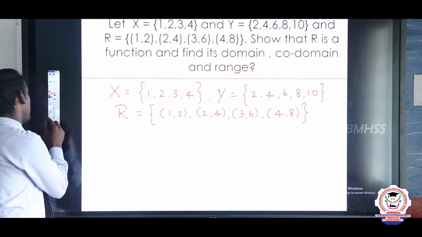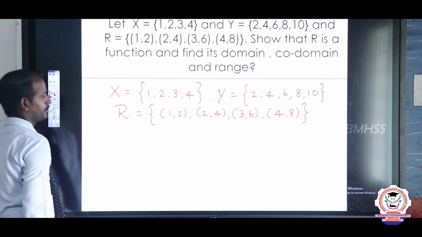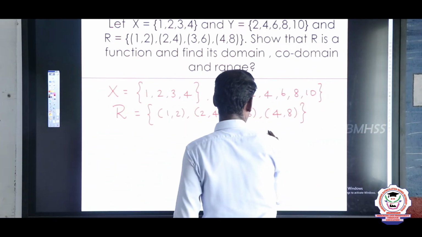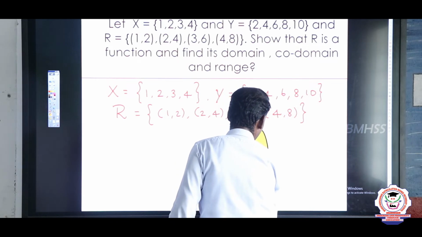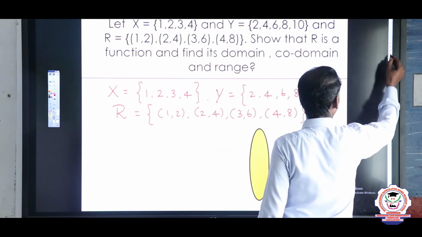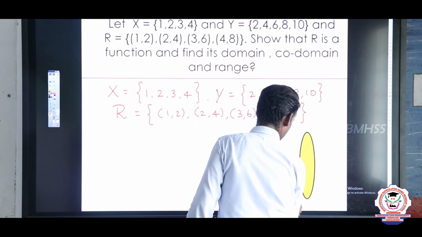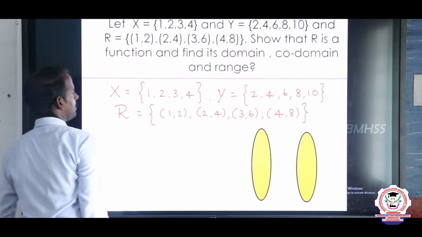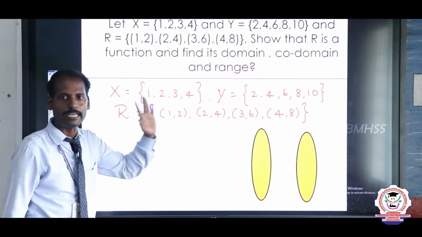Here, 1 comma 2. I will explain the arrow diagram. First is X: 1, 2, 3, 4.